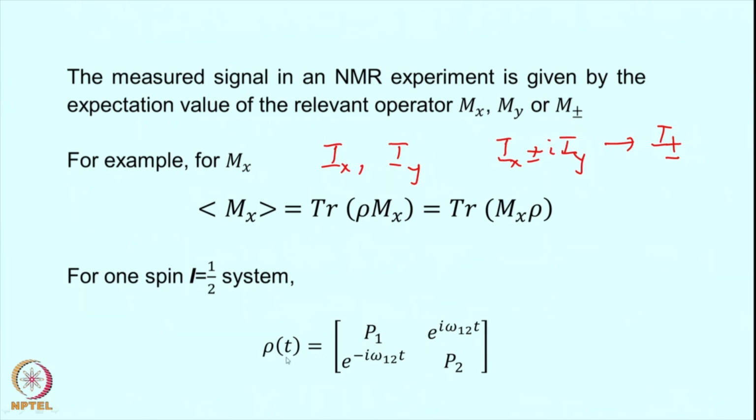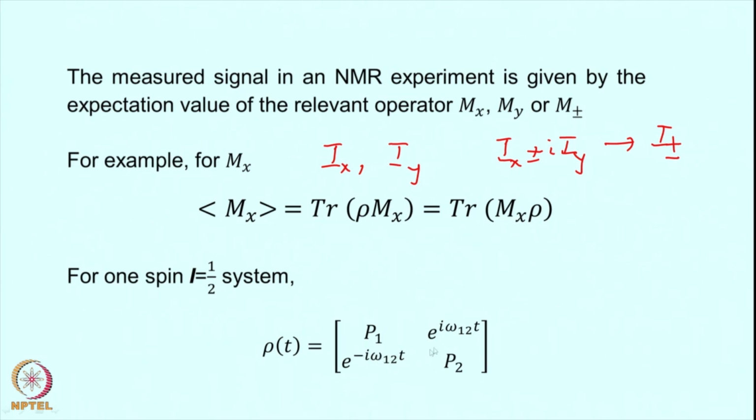If you have such a one spin system, it is clearly not the equilibrium density matrix, right. In the equilibrium density matrix we had the populations non-zero and these ones were 0. So therefore this is clearly a non-equilibrium state created somehow. We will not go into that now, we will come to that later when we discuss the multipulse experiments.